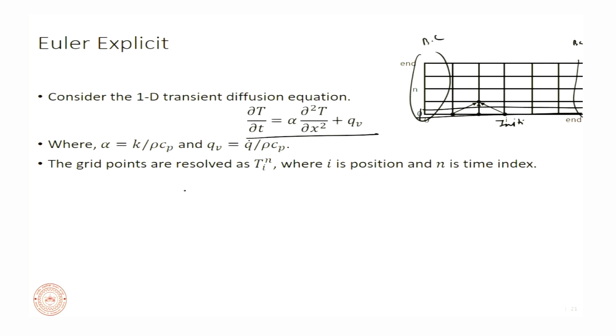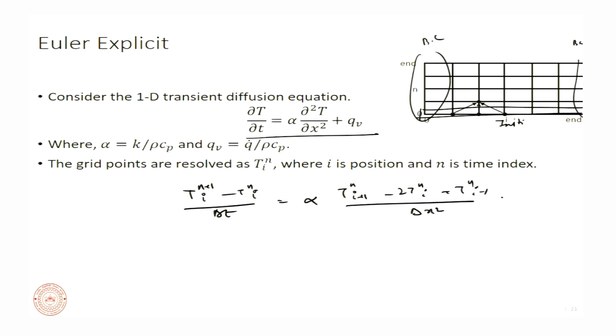So, how do we discretize this? T n plus 1 at I minus T n at I over delta t is equals to alpha times T n at I plus 1 minus 2 T n at I plus T n at I minus 1 by delta x square plus q v. Okay. To solve this, we are just solving for this.